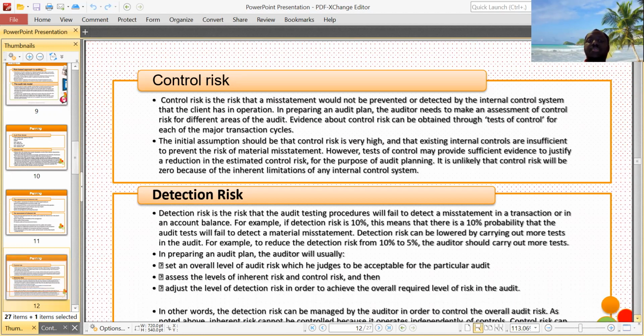The initial assumption should be that control risk is very high and that existing internal controls are insufficient to prevent the risk of material misstatement. It's very, very important.